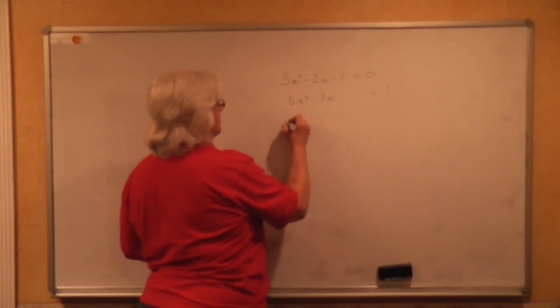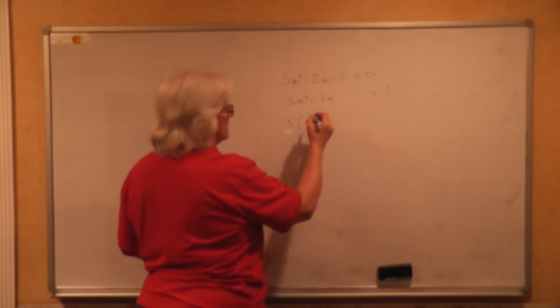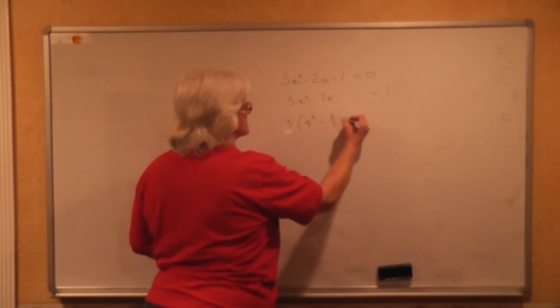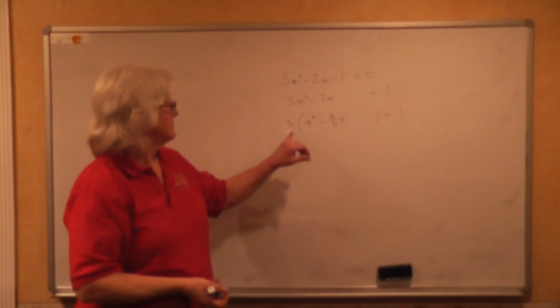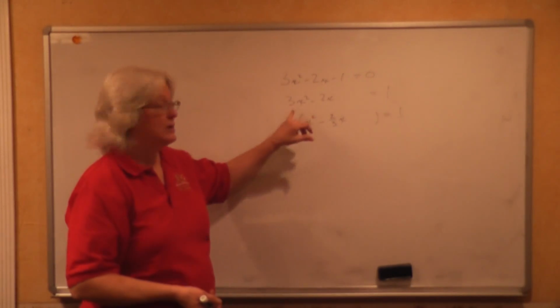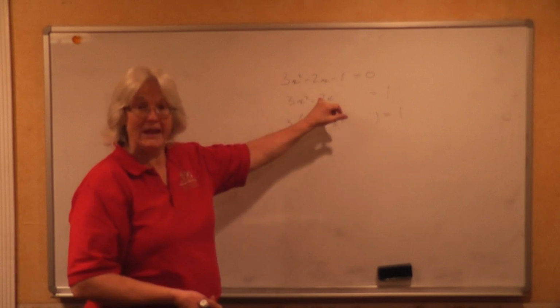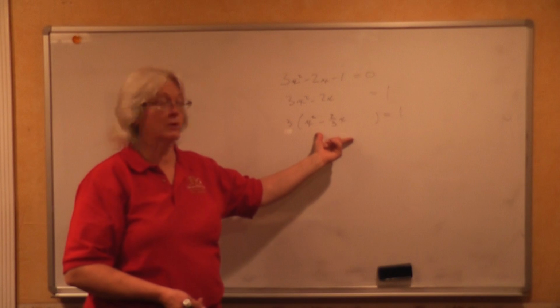This becomes 3 times the quantity x squared minus 2/3 x is equal to 1. 3 times 1 is 3. 3 times negative 2/3, the 3's cancel, and you have a negative 2. Now we have to complete the square. What are we going to do?